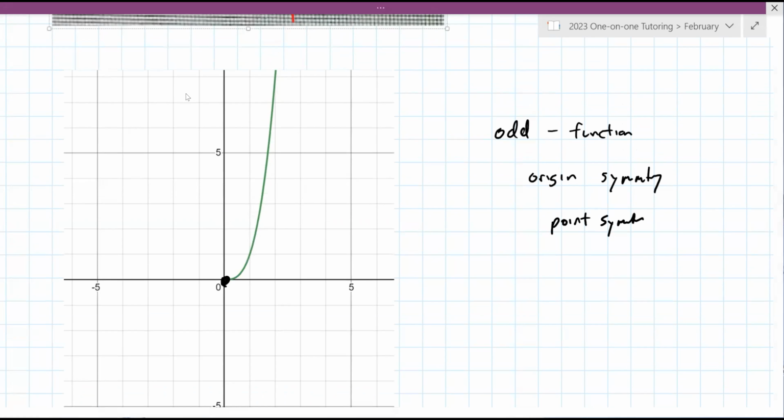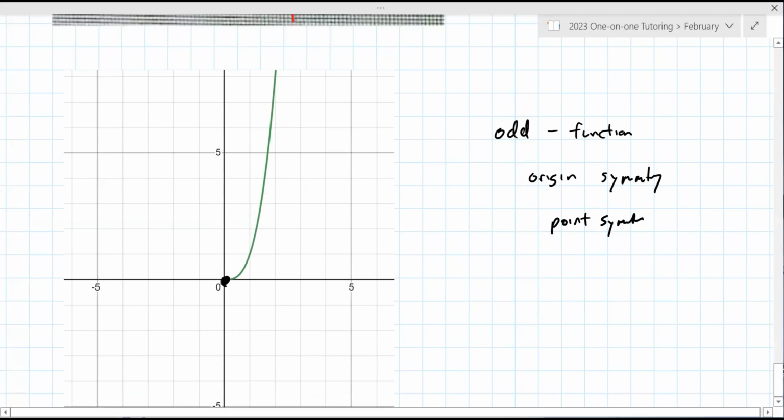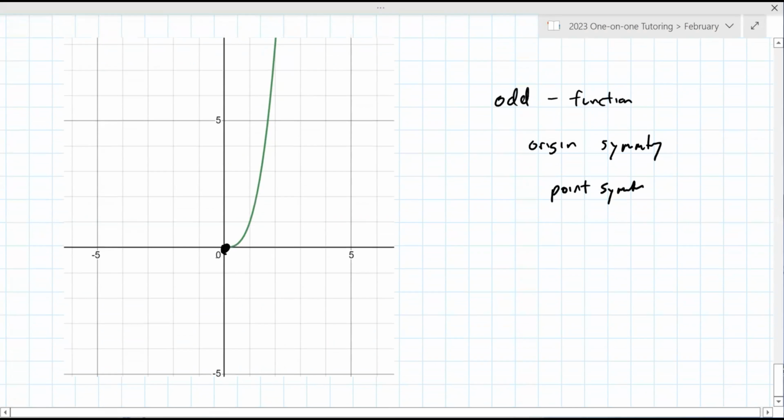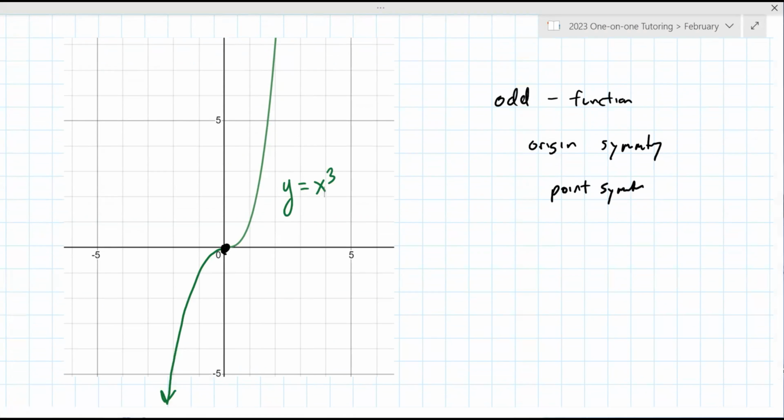Now, this graph is incomplete because I want to show you it's actually more of a rotation symmetry. You take this graph up here and rotate it about this point. It's not a square root function, it's a cubic. I didn't know if you'd seen that yet. We've seen those, but we didn't really go in depth on them.